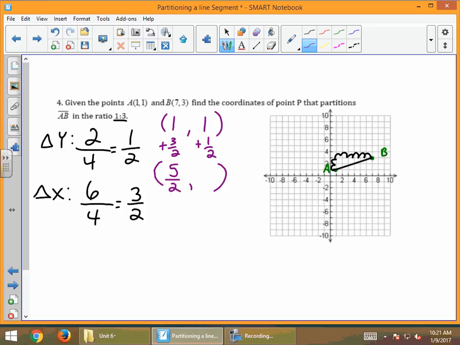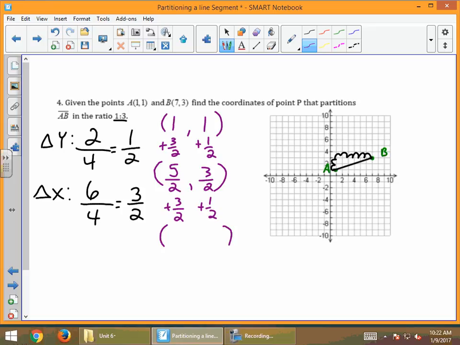What about 1 plus 1/2? 3 over 2. Okay. Good. Well, 5/2 and 3/2 is not 7 and 3. So we've got to go again. Add another one. Let's see what we get.